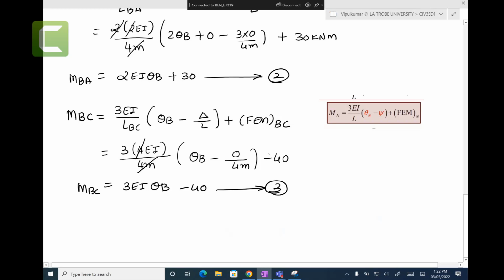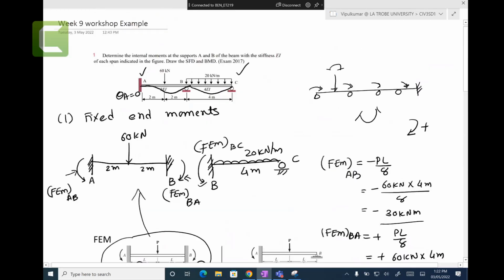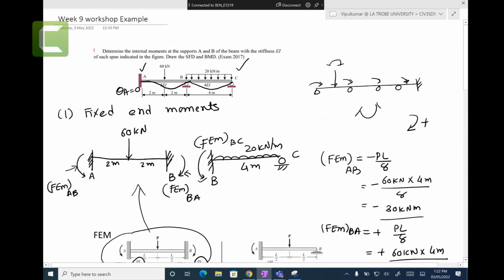Right. Now step number 3, equilibrium. Now look at this one. What we have done in this diagram: at A, theta A equals 0, there is no problem. We disturb B. We did something wrong with B, that we put these moments here.